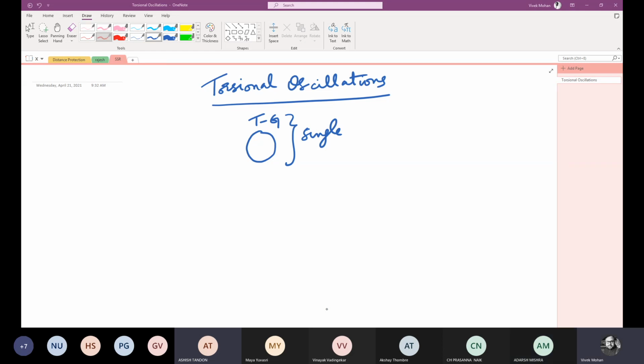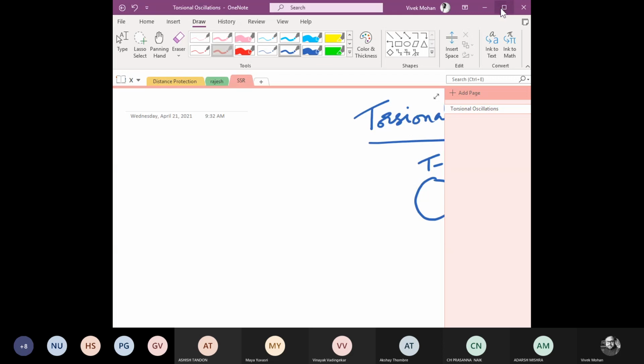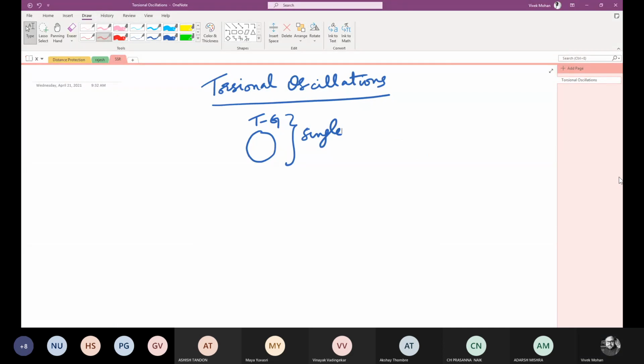I think there is some delay. Yes, I have drawn three masses with two shafts. No, sir, we cannot see. Okay, one minute, let me see. Are you able to see now? Yes, sir, now what you are drawing, we can see.